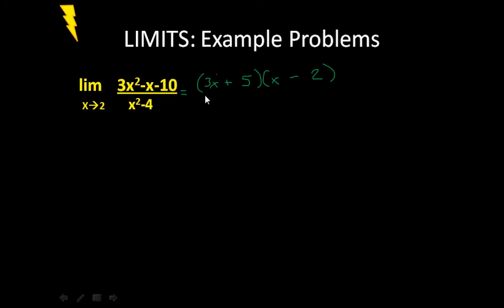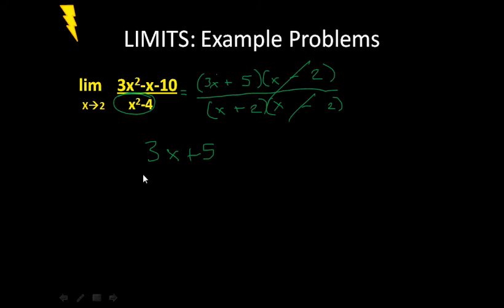So you factor the top into that, and then this is a perfect square right here. Or I don't know if that's the right word. But since there's nothing there, it's a plus and a minus. So then what we can do is cancel these, and we get 3x plus 5 over x plus 2.